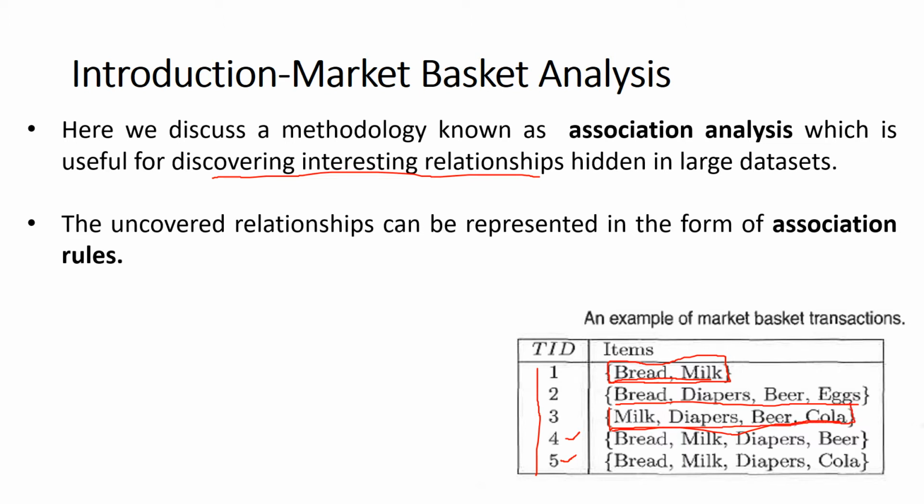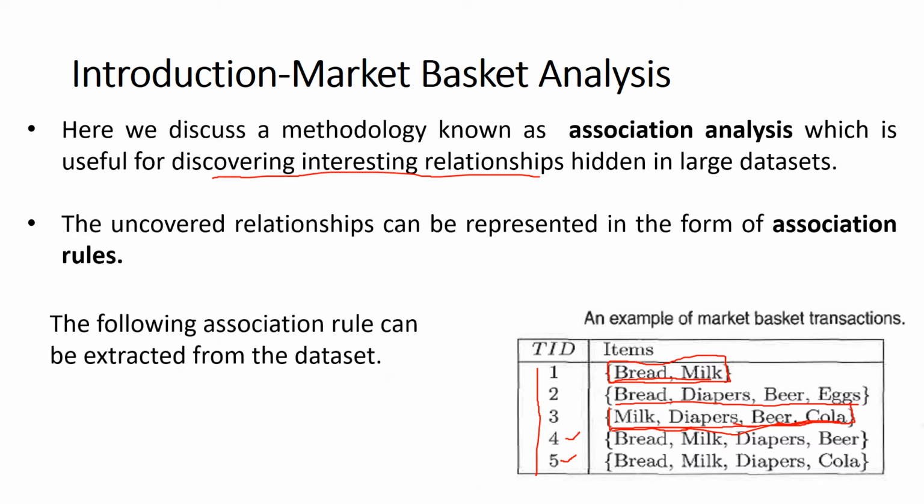So what we are trying to understand is whether there is any association between milk, diapers, beer and cola, or are they bought together by chance? After examining all the transactions in a given transaction set, we are going to come up with a set of rules.